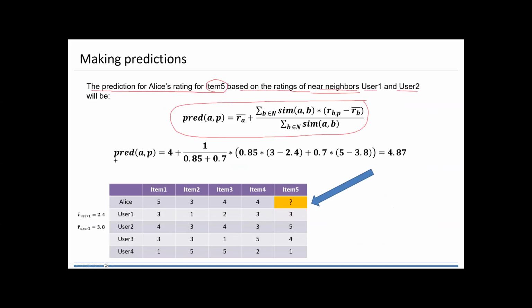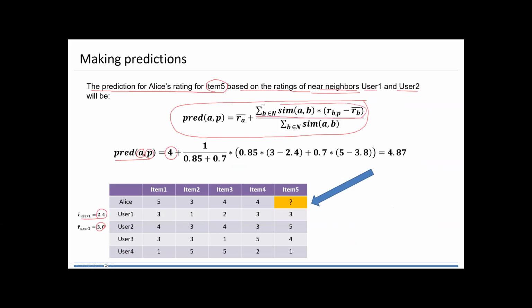By using this formula, we can get the prediction of user A given item P. You can look at the average of user 1, which is 2.4, and the average of user 2, which is 3.8. We can apply the average rating of Alice, which is 4, and then we check the formula.